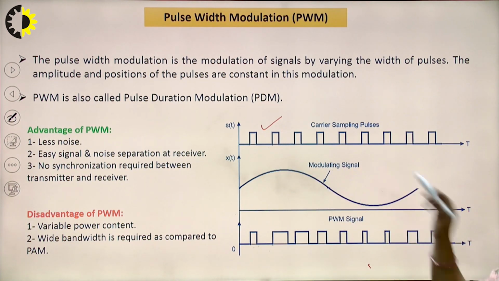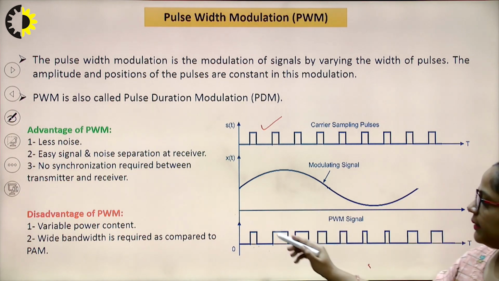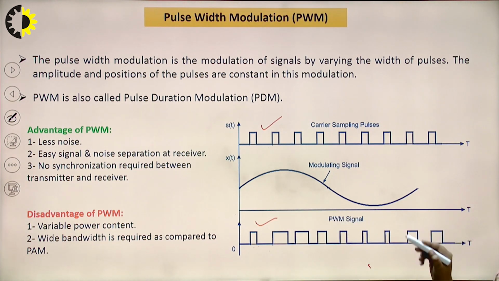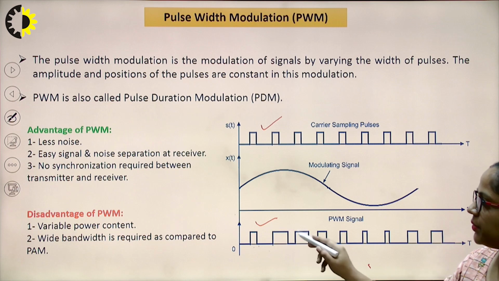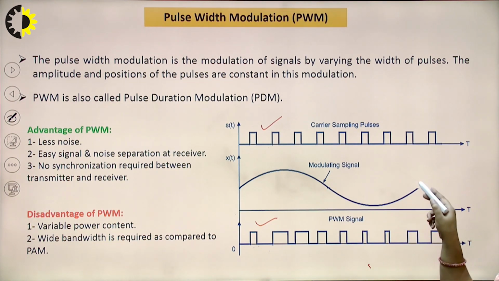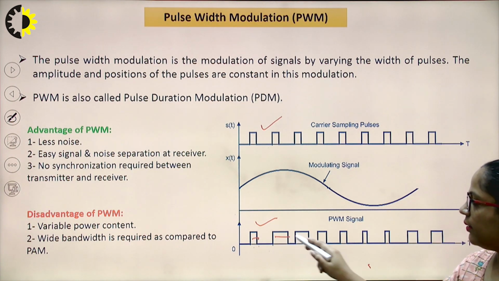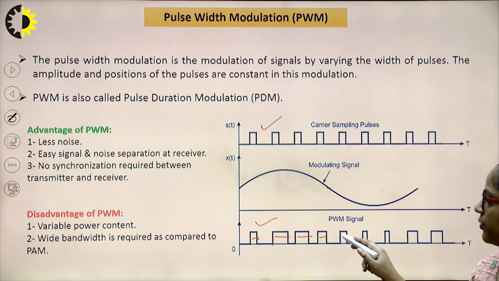Here we have the modulating signal, that is the information that we want to modulate, and at the output we have the PWM signals. Here we can observe, as the amplitude of the modulating signal is varying, the width of the carrier pulses is also varying.